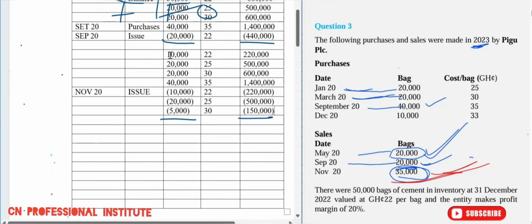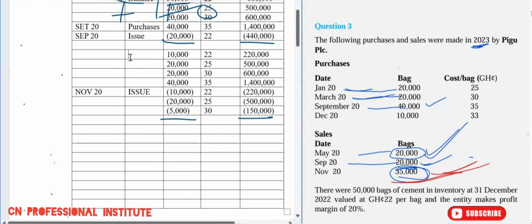So how many units are left? We sold all this. Here we sold 5, so we are left with 15. Then 15 plus this, we got 55. So we have 55 units, but the breakdown will be different.